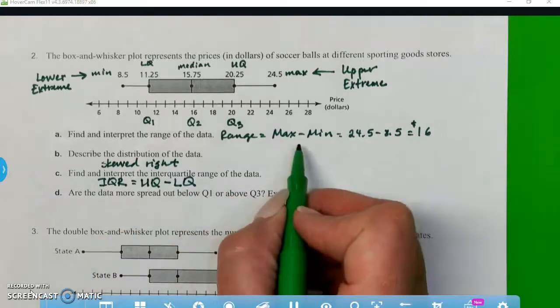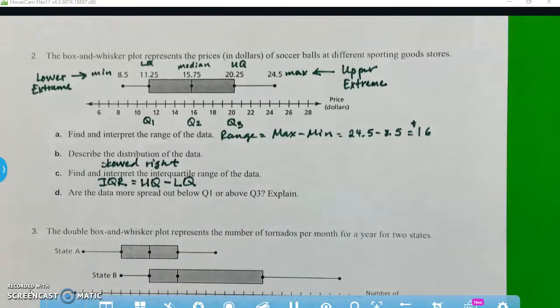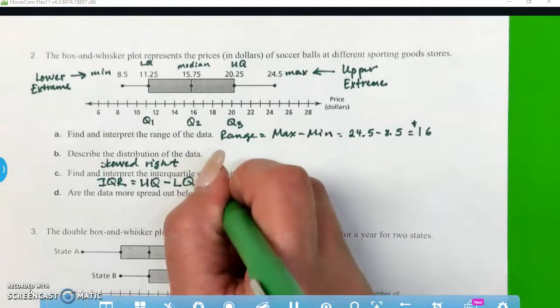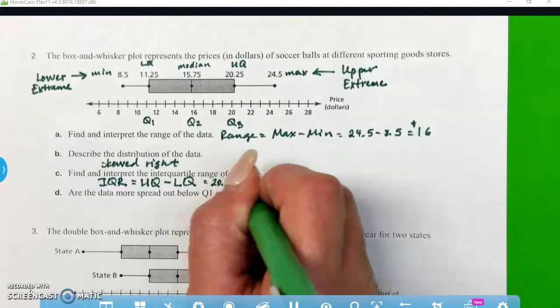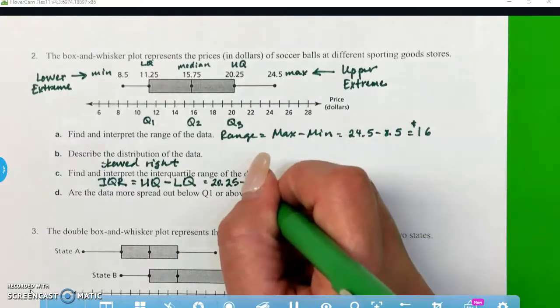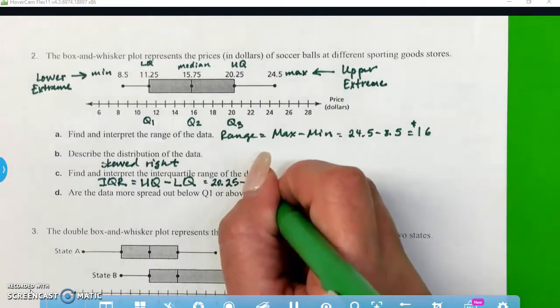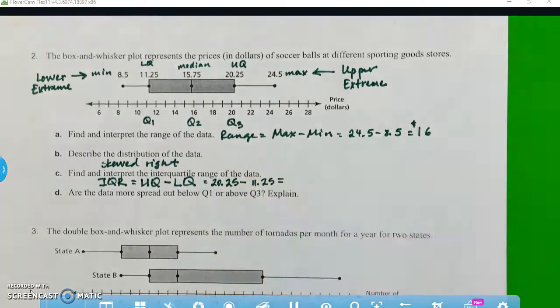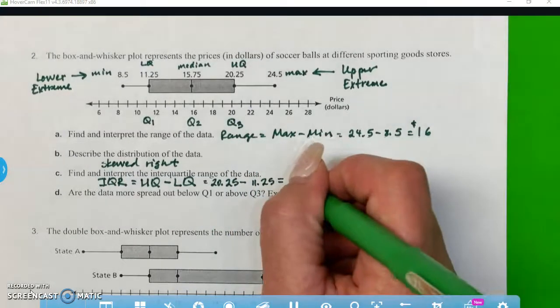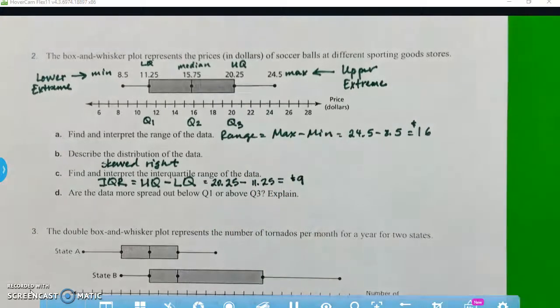So range, just like earlier, is the difference in your data. So I am finding the difference between our numbers. So 20 and a quarter, and I'm subtracting 11 and a quarter, and that will give me IQR of $9. So middle 50% of the prices have the IQR of $9.